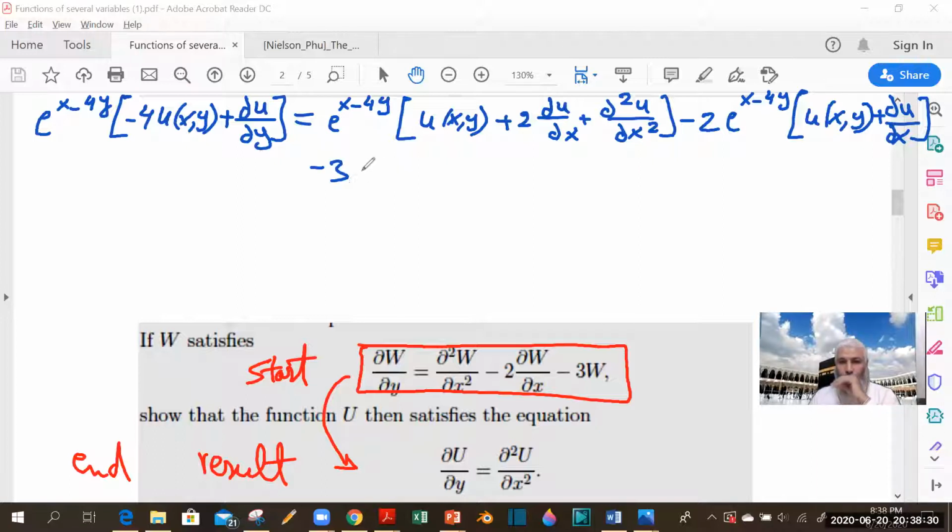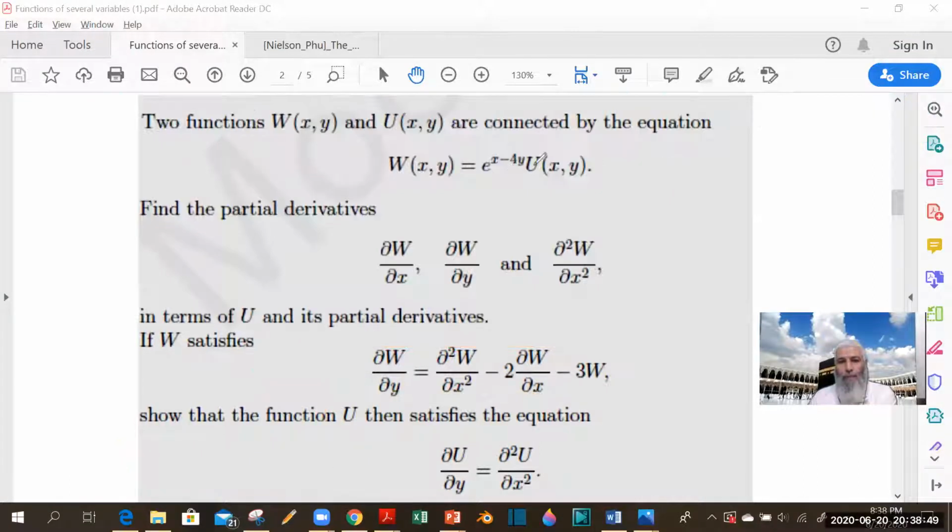Instead of w, we write e power x minus 4y multiply u of xy, right? This is w, I think. E power x minus 4y u of xy, right? But this is w.